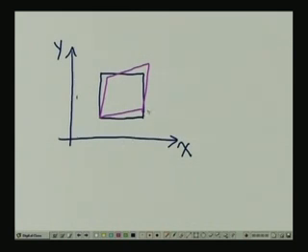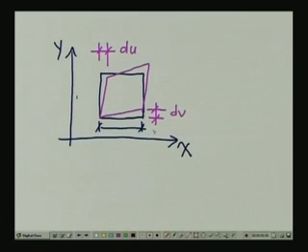So, what is happening here is that this quantity is going to be called dv, because that is the change in dimension in the y direction, and using the earlier convention we are going to call this quantity here as du, and as before the undeformed dimensions of the element are dx and dy.